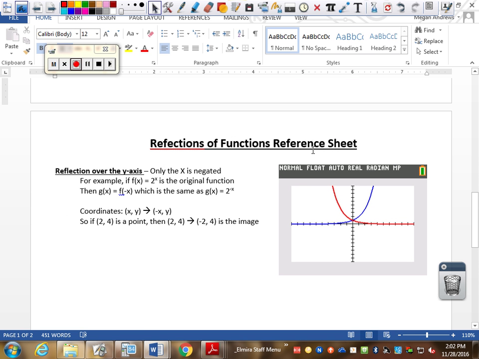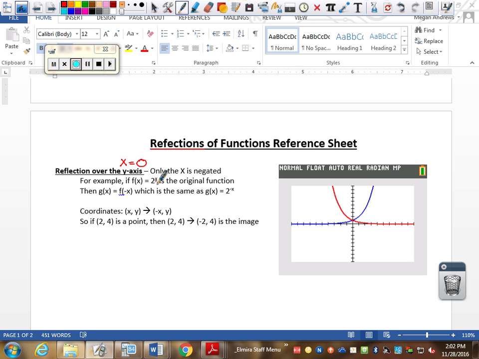Reflections. The only thing I want you to add to this right now is it says reflection over the y-axis. Remember, that also means the line x equals 0. So we're going to put that on there. Only the x is negated.